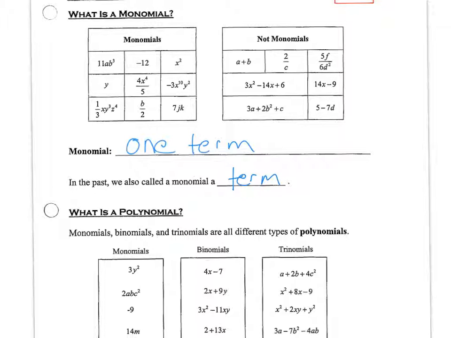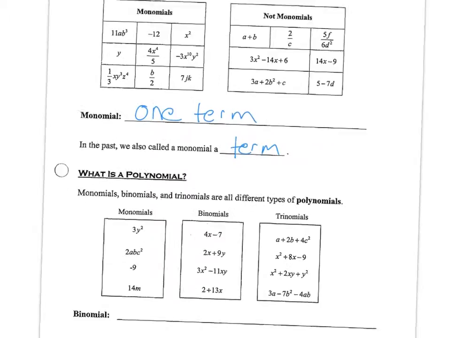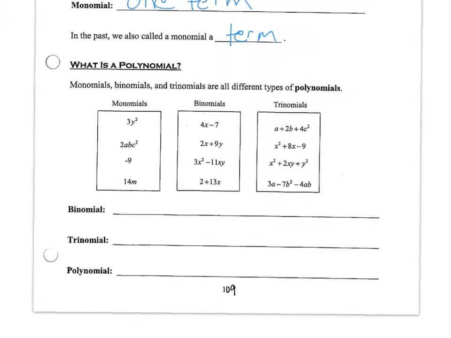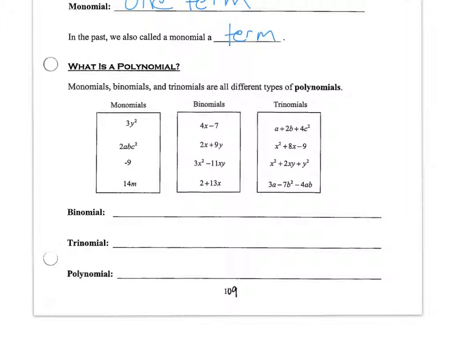Okay, so then a polynomial, well, poly means many, so a polynomial has many terms. Okay, and we have a couple special ones. All right, a bicycle is something with 2 wheels, so a binomial has 2 terms. And then a trinomial, like a tricycle has 3 wheels, a trinomial has 3 terms.